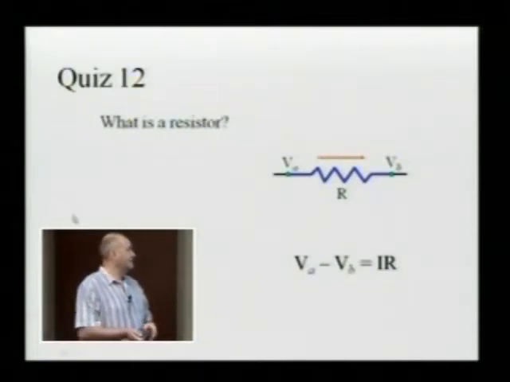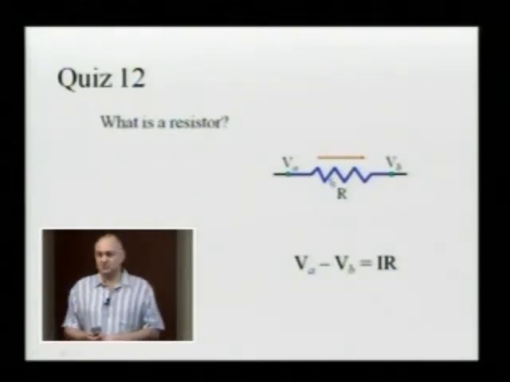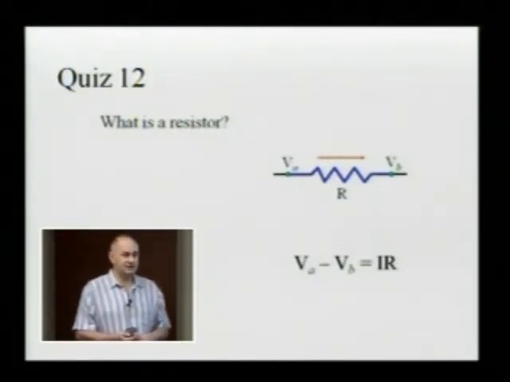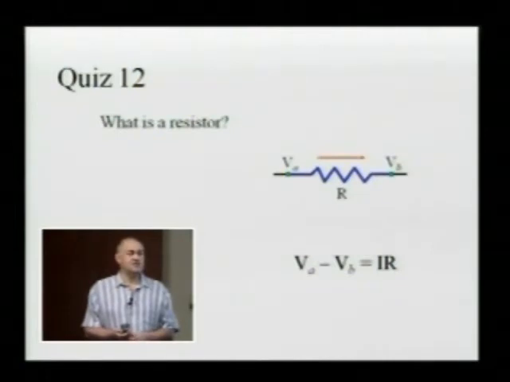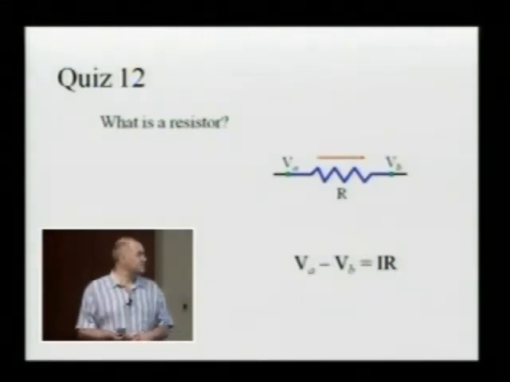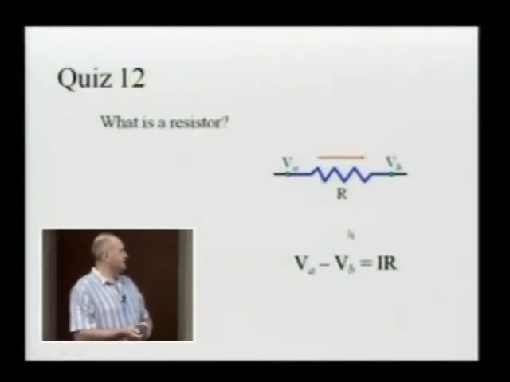So a resistor is a device which has two sides, and the potential difference across the resistor is always proportional to the current flowing through it.